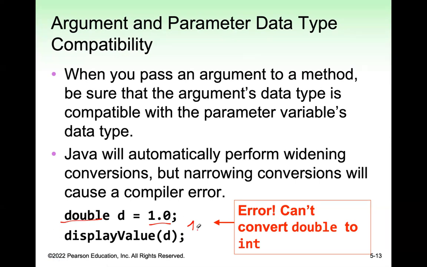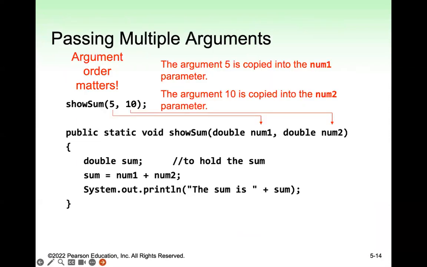Instead of doing double d equals 1.0, you get rid of the double, you put int instead of it, you put int d equals, and you get rid of this part. So you just leave it at 1. This way, it will not cause any errors. Your code will run just fine.